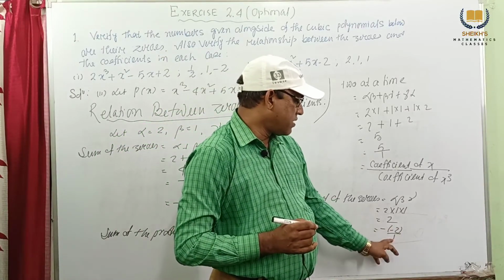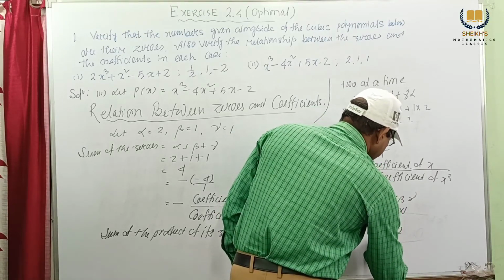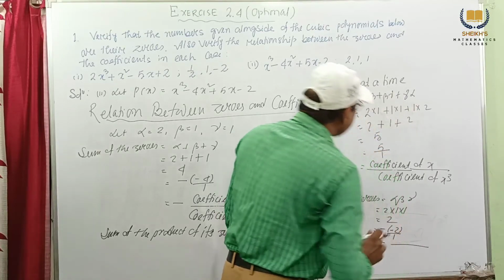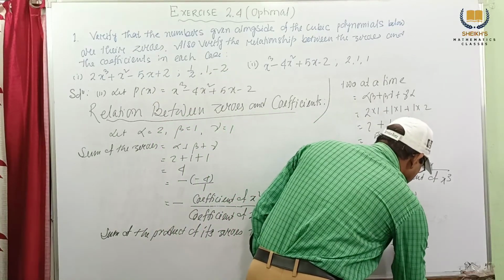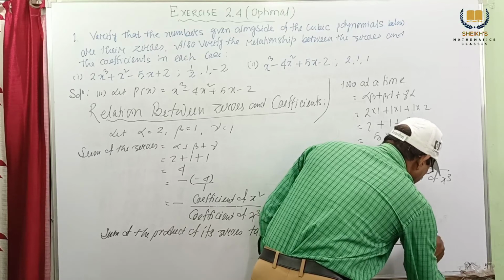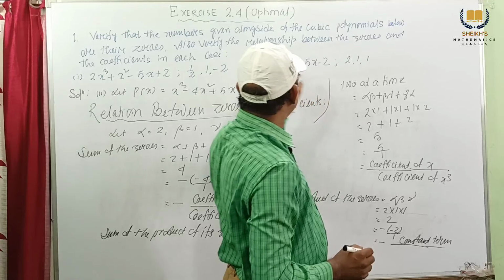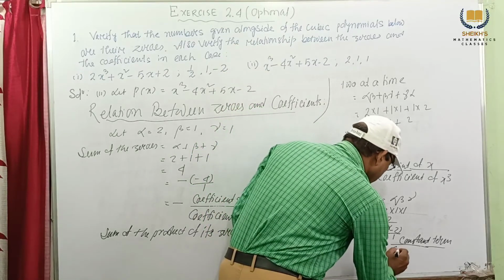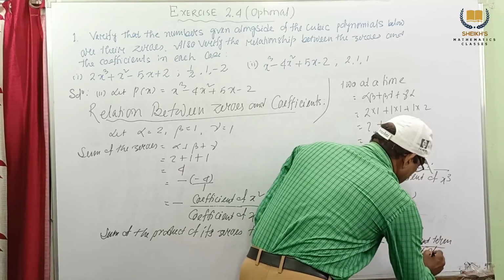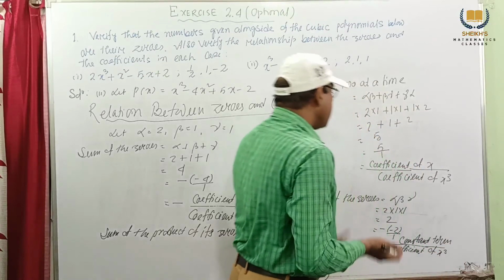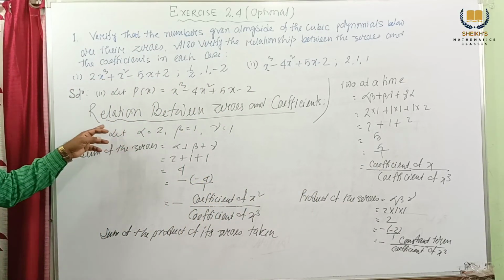Minus times minus is plus, and 2 by 1 is 2. So this minus 2 means the constant term, divided by 1, which means the coefficient of x cube. So this is the verification.